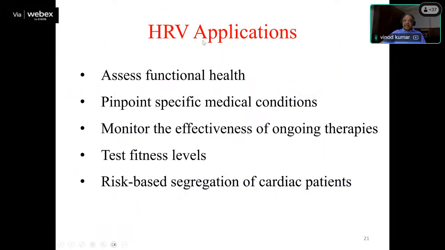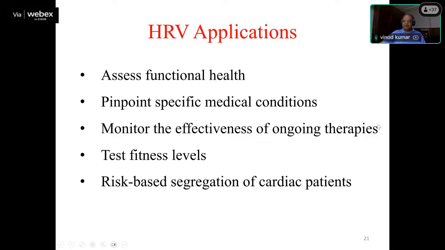So HRV has applications. It can assist in assessing the functional health of the body. Normal functional health of the body can be assessed. It can pinpoint a specific medical condition. Under different medical conditions, HRV changes. Monitor the effectiveness of ongoing therapy.